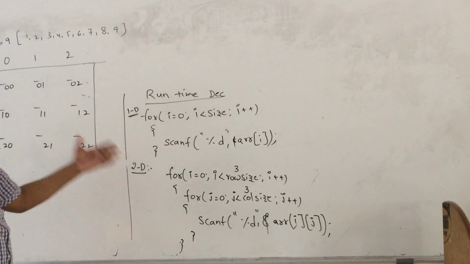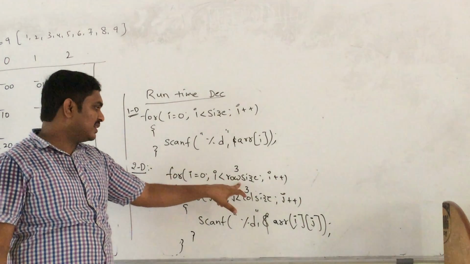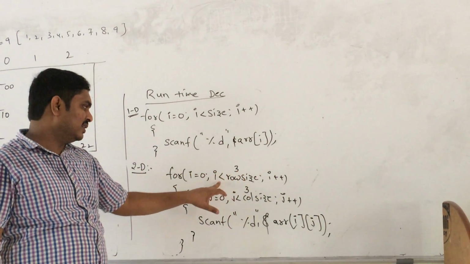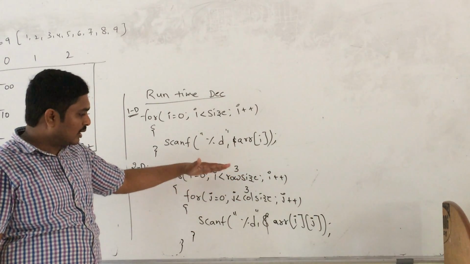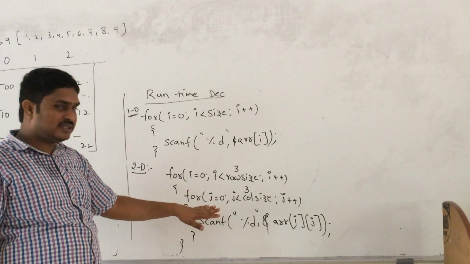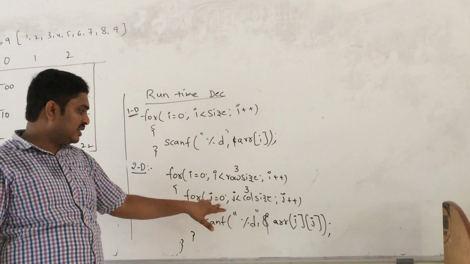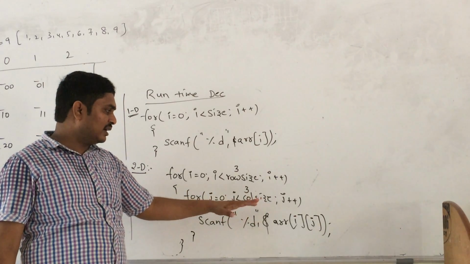Tracing this syntax: for i equals 0, i less than row size. Row size is 3, 0 less than 3, condition true. If the condition is true, the control enters into the for loop. Here is another for loop, that means the inner for loop. For j equals 0, here the column size is also 3. So 0 less than 3, condition true.